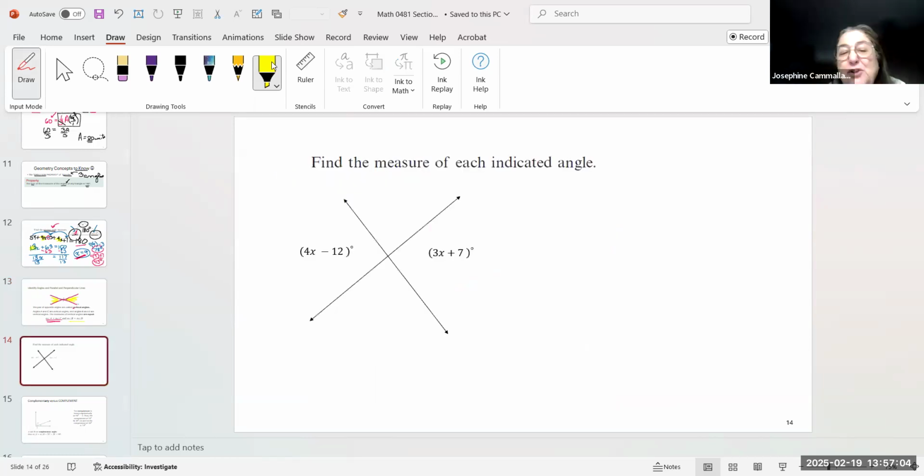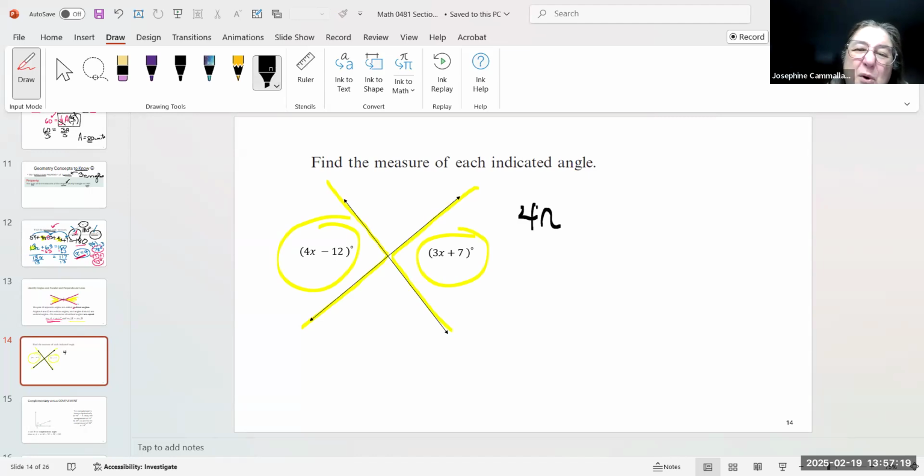And you're going to be given a picture just like this. Well, right away, notice I have this V and I have this V. They are equal. 4x minus 12 is equal to 3x plus 7.